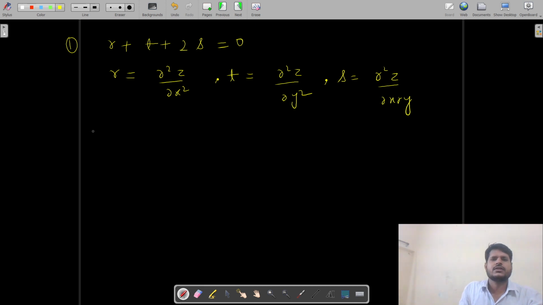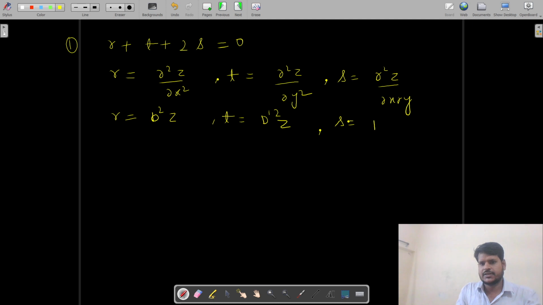Now see, we can also write r is equal to D square z, t is equal to D dash square z, and s can be written as D D dash z.